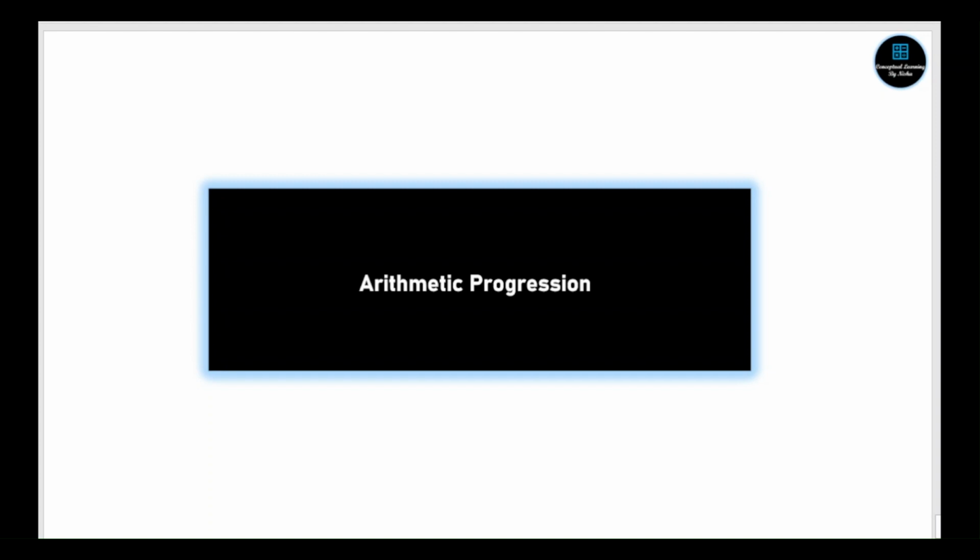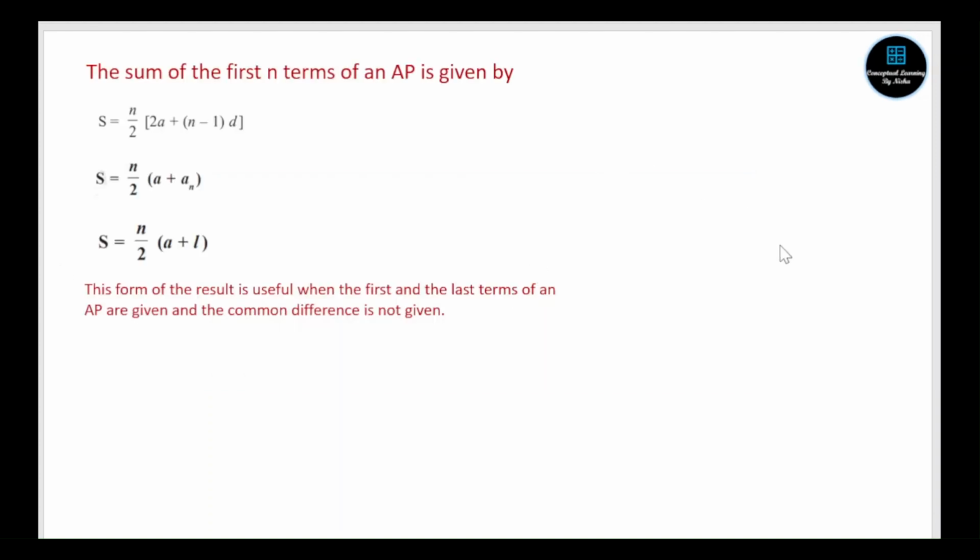Alright. Now, in this session, today we are learning all about the sum of the AP. We can derive the formula for the sum of n terms of an AP as S equals n upon 2 into (2a plus (n minus 1)d). Remember, a is the first term and d is the common difference.